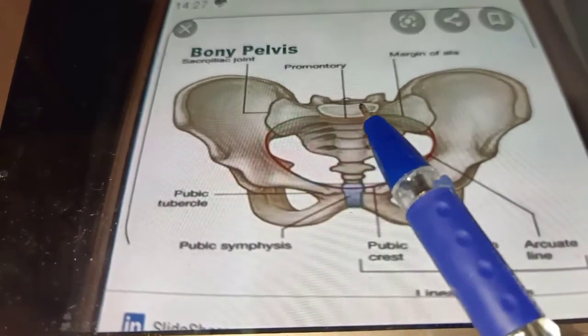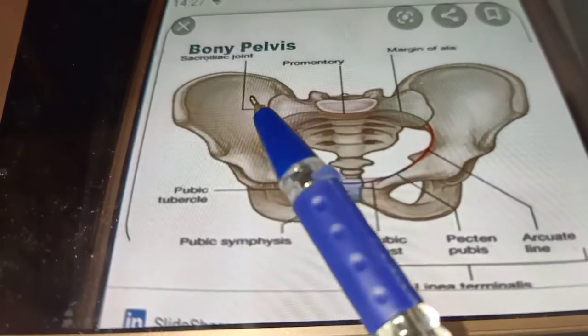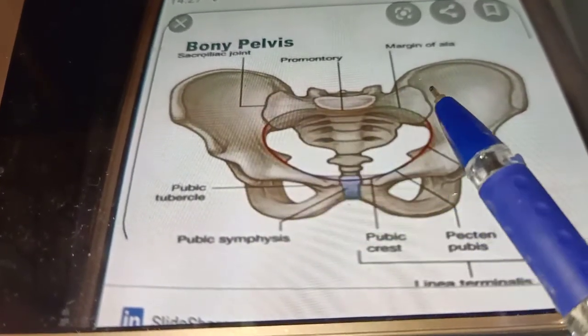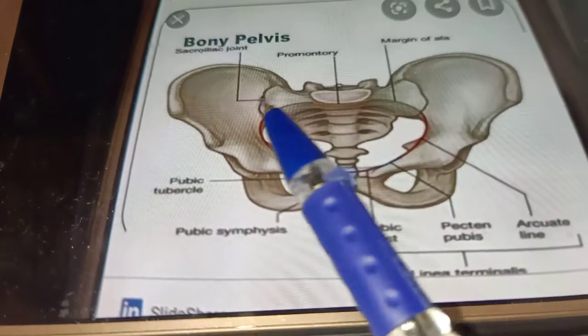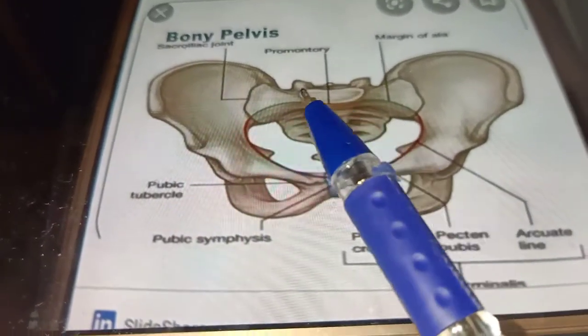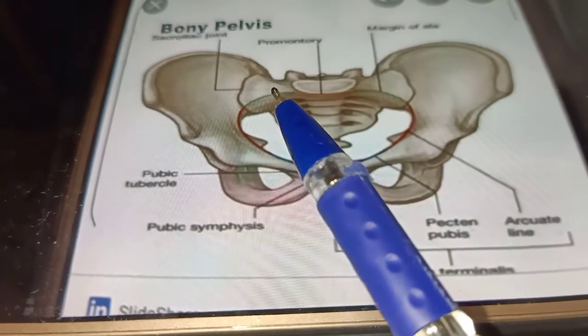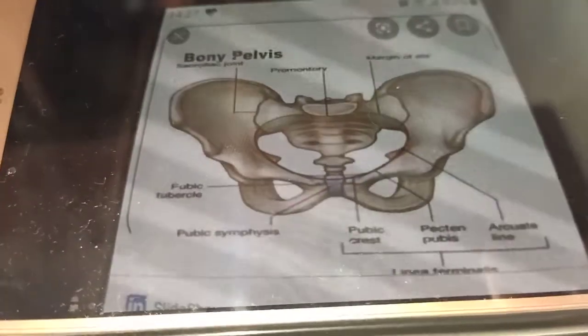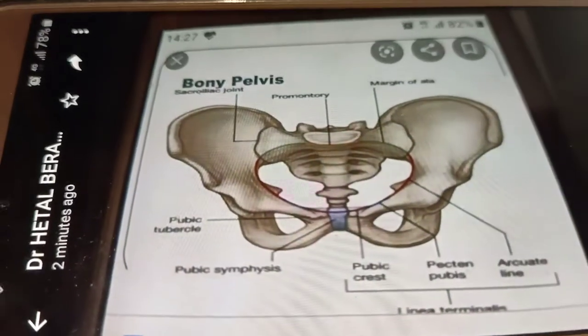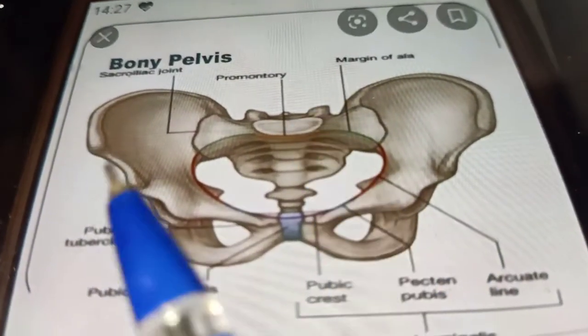So this is the base of the sacrum. The upper part of the iliac fossa and the base of the sacrum are forming the walls of the greater pelvis.